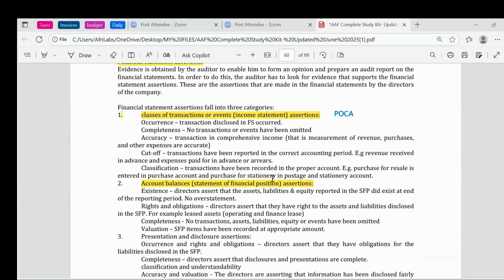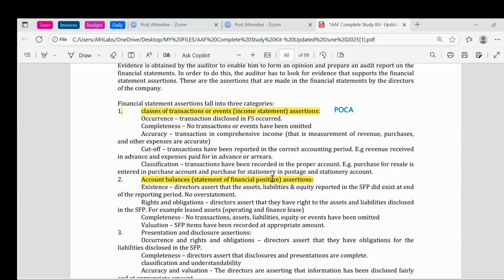So you know that you want to prove arithmetical accuracy. You are asking yourself, if somebody gives me an Excel of a figure and I want to prove mathematical accuracy, what will I do? And that basically gives you your procedure. Valuation. Confirm that the policy that was used in applying a figure on the financial statement has been consistently applied over time.